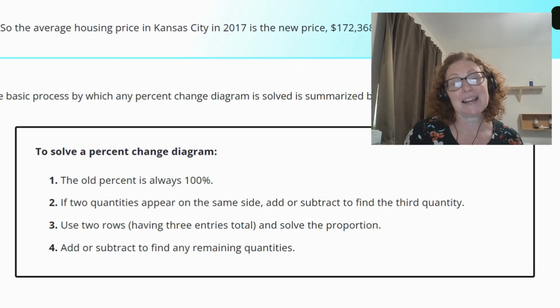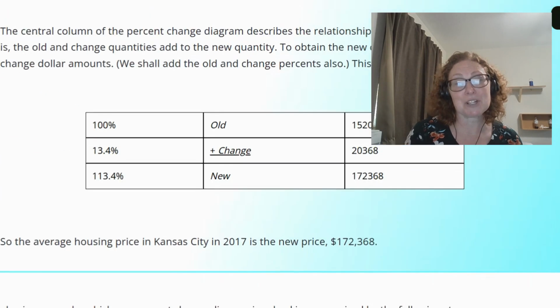Okay? And then add or subtract to find any remaining quantities, because you can solve the proportion.